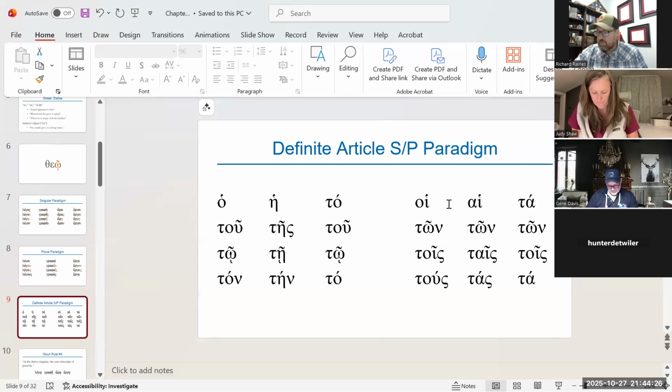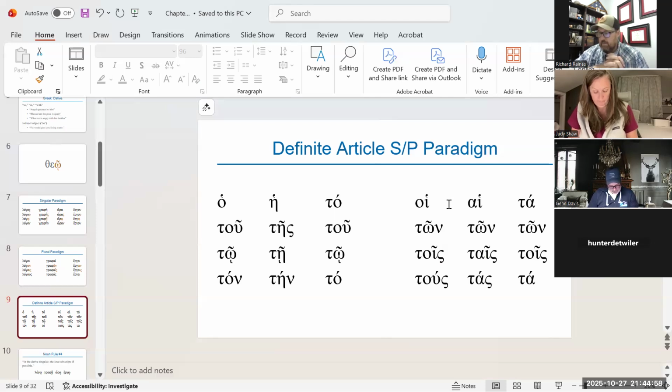It's also listed on your laminated sheet right below the alphabet. So you can see if you look at that laminated sheet, the nominative singular definite article, the masculine is ho, the feminine is he, because you see you got a breathing mark there, and the neuter is to, or tó, because it's a short O. Most people say to, just because it kind of looks like the English two.